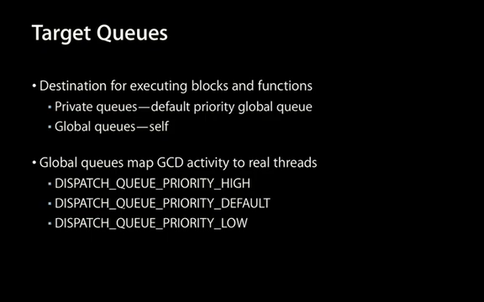And these priorities reflect the order in which the queues are processed. So any blocks submitted to the high priority queue are going to be dequeued before any blocks submitted to the default priority queue, which in turn will be dequeued before any blocks submitted to the low priority queue. So you have some granularity on priority, and usually the default priority queue is good enough, but there are some cases where you might want to think about using the high or low priority queue.